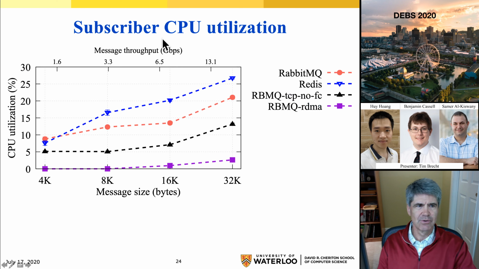This graph shows for different message sizes the CPU utilization; lower is better. And this is for processing 50,000 messages per second, so they're all sustaining the same messaging rate. We can see that Redis is quite high.